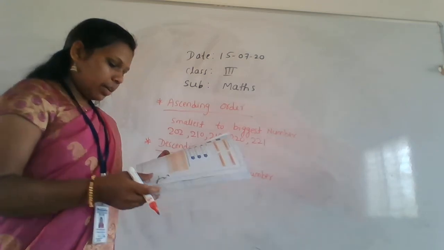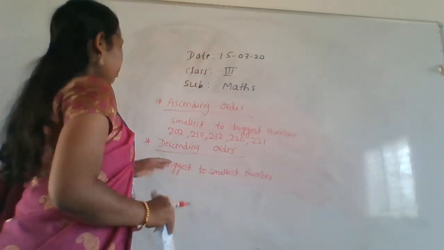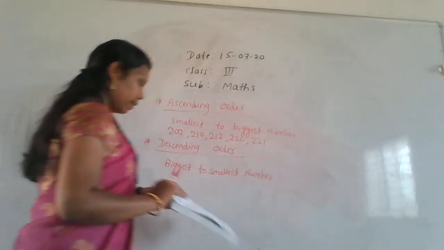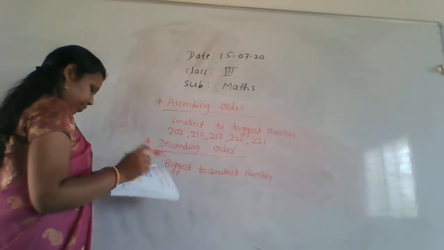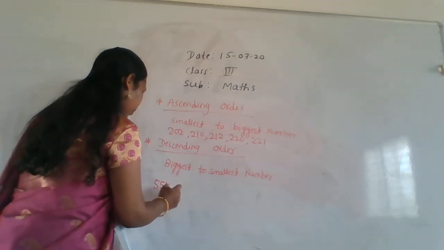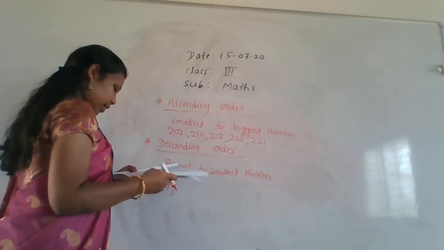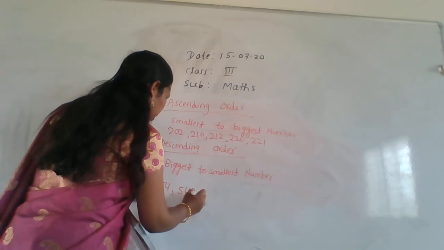Next one is the descending order. Descending order means biggest to smallest number. Which is the bigger number here? They have given here 554. First one is 554. It is the biggest number in the given numbers. Okay. Next one is 543.